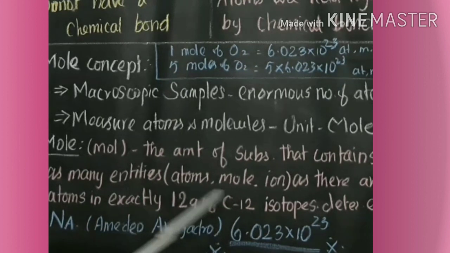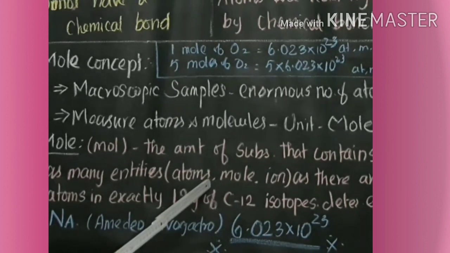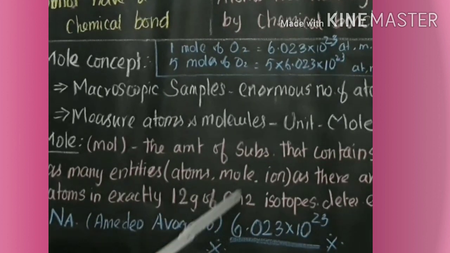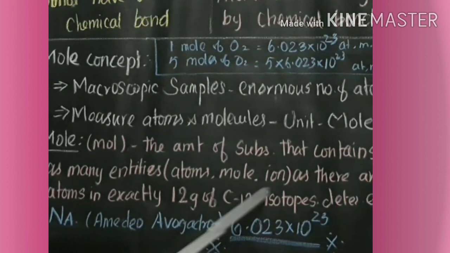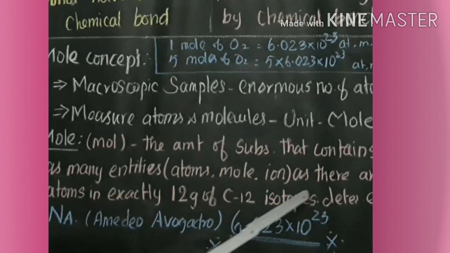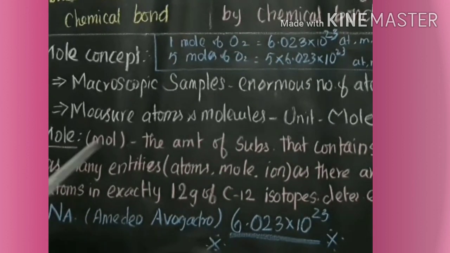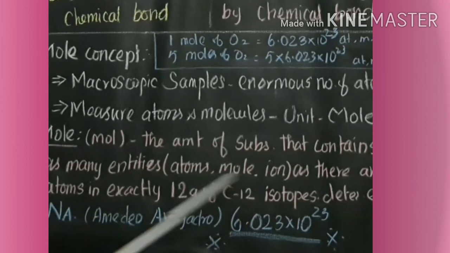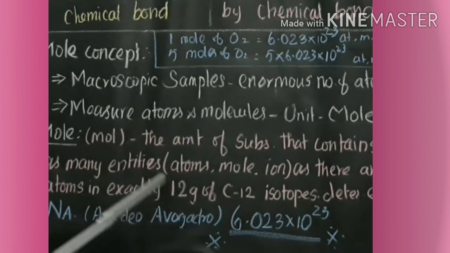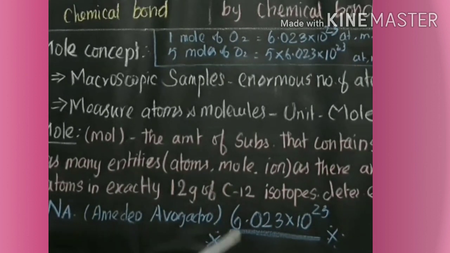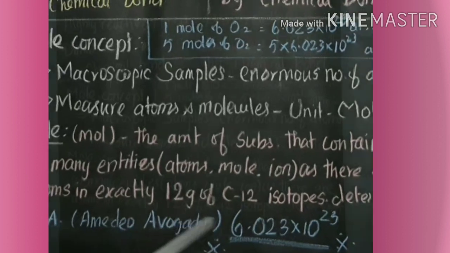Already they determined the number of atoms or molecules or ions present in the carbon 12 isotope and kept this as a standard, and comparing the amount of substance present in other elements with the carbon 12 isotope, they gave an exact number, that is nothing but the Avogadro number.